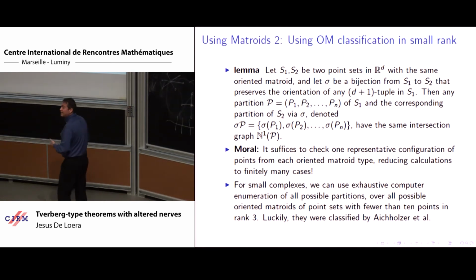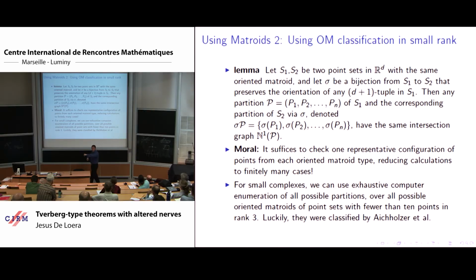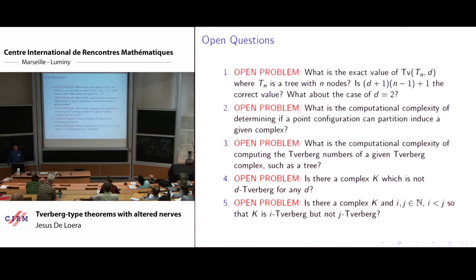And we use that. We look at one representative for each class of oriented matroids. Then we look at all possible ways to partition, and then we can be sure of who the nerves are in all possibilities.